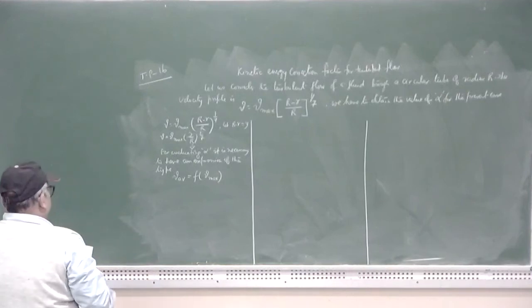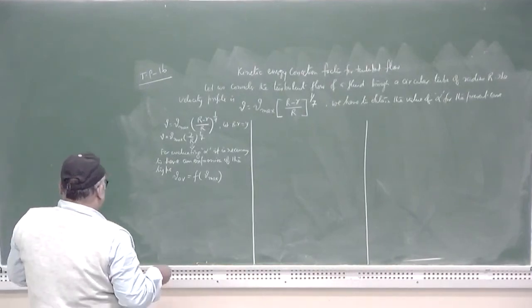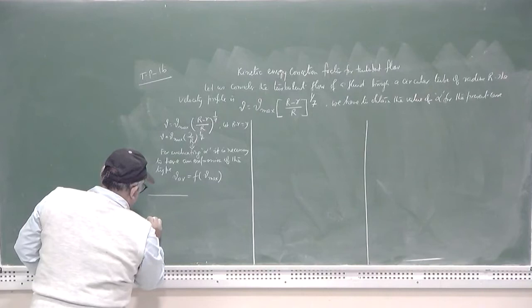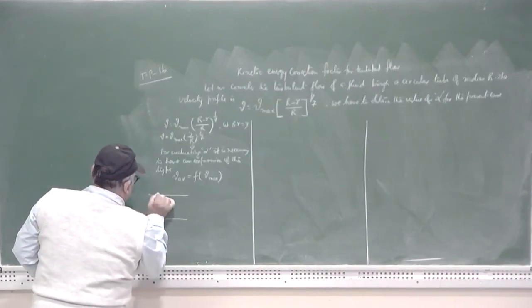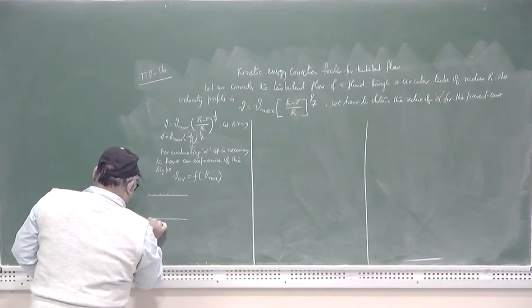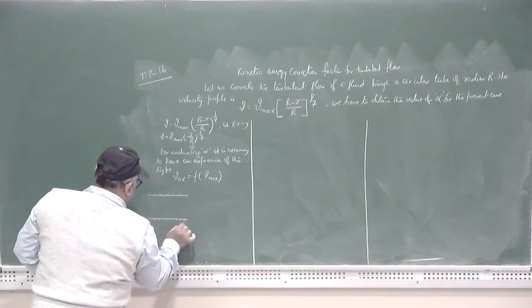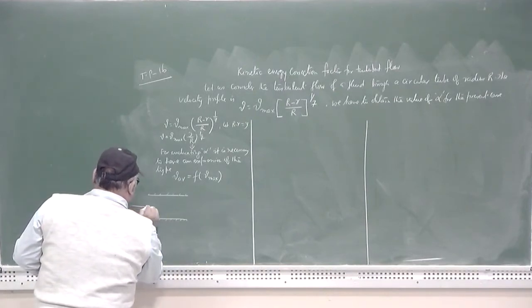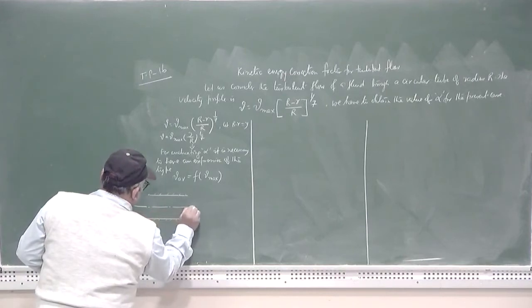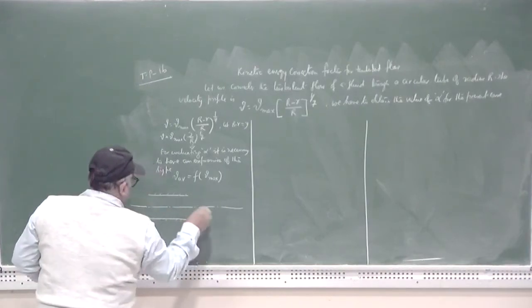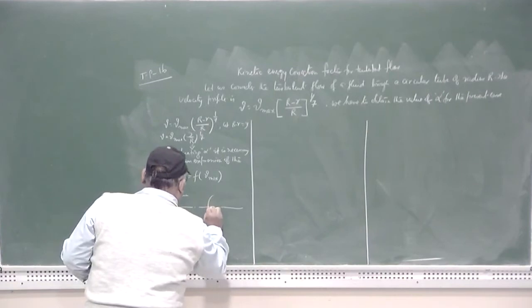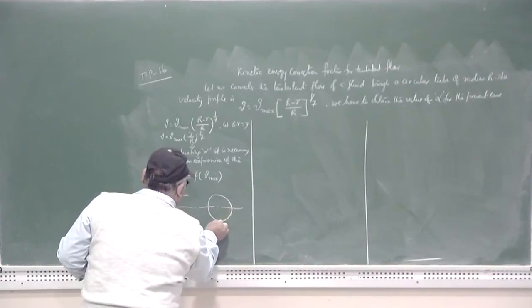Now, let us try to visualize this case using a diagram. This is the circular conduit. This is your center line. This plan view is like this.